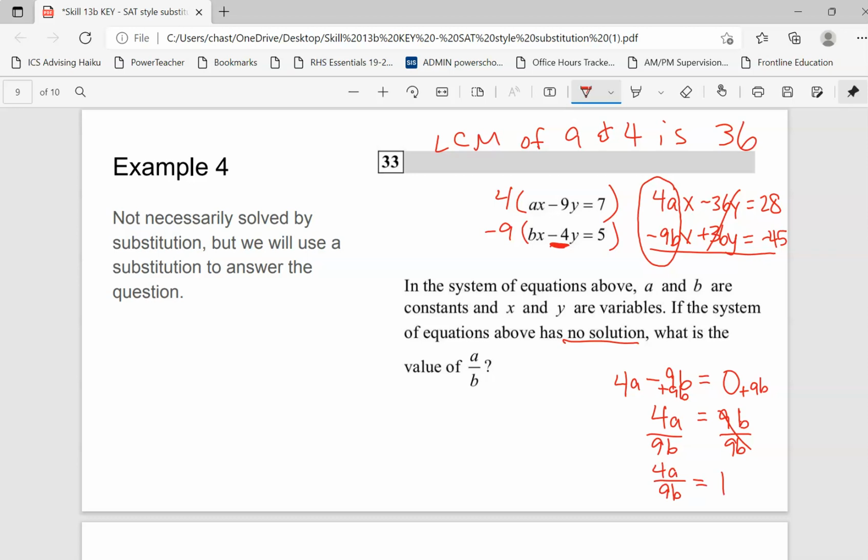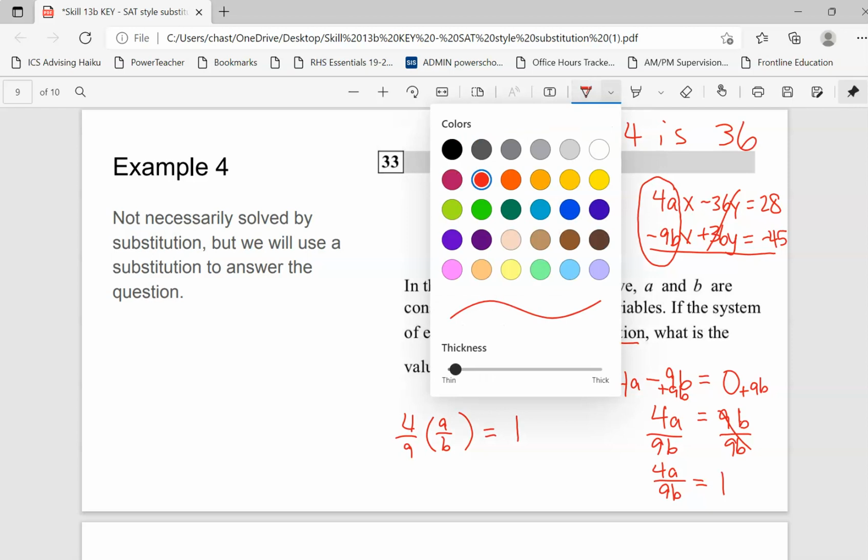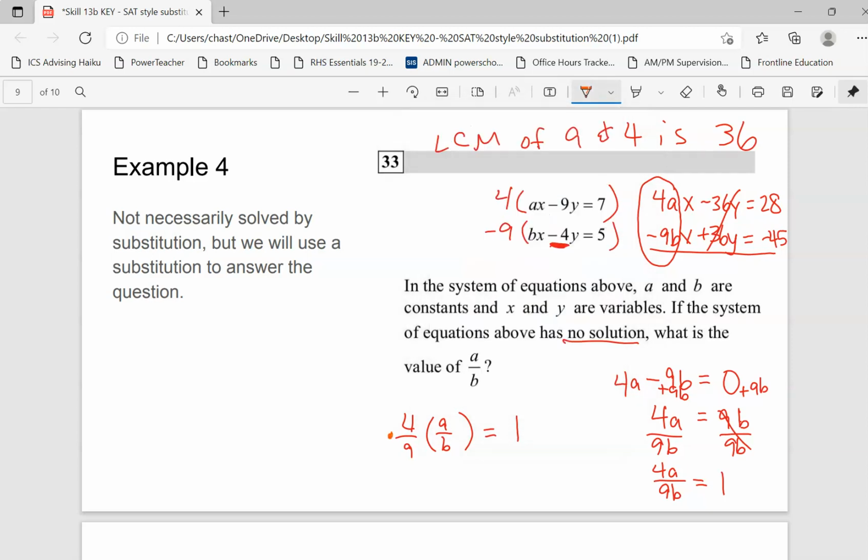And to get a over b, think of this as 4/9 times the quantity a over b equals 1. To get rid of that 4/9, I'm going to multiply both sides by 9/4. The 9's and the 4's cancel, so you get a over b equals 9/4.